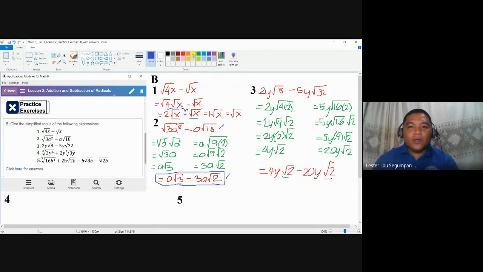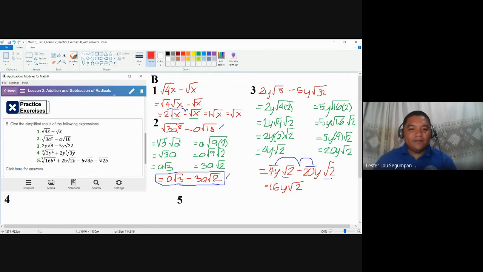So what we could do is operate the terms outside. 4y minus 20y is equal to negative 16y, and then copy the radical expression square root of 2. So this is the final answer for number 3, negative 16y square root of 2.